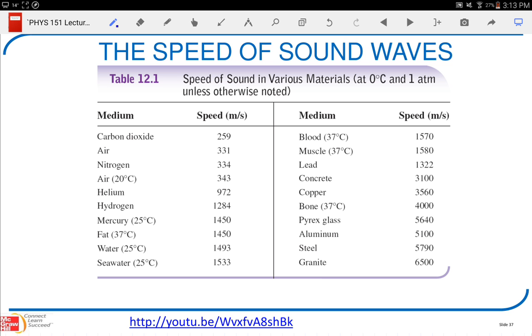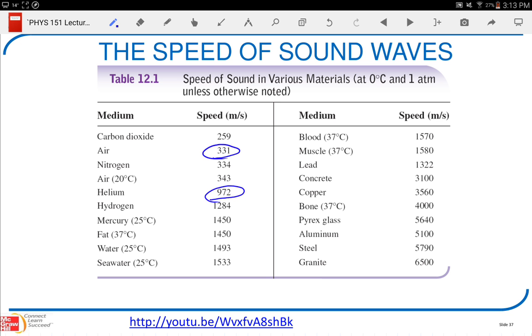We're getting right down to the end here. Here are some speeds of sound in different materials. And you'll notice air is on the low end for speed of sound. That's the speed of sound in air at 0 degrees Celsius. The speed of sound in helium is about 3 times faster than the speed of sound in air.